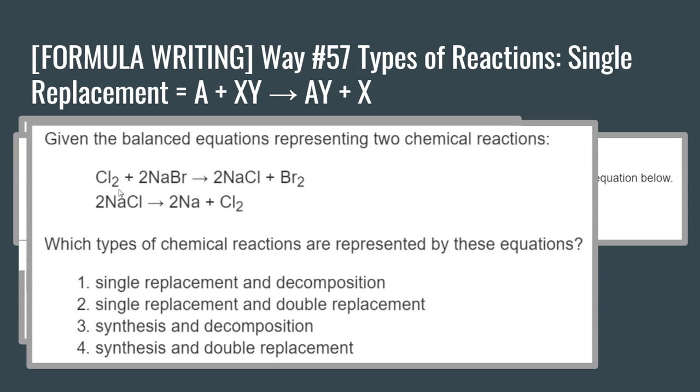You should note that the first example consists of a single replacement because chlorine is taking bromine's place and bromine is coming out of the reactant. And in choice 2, we have a reactant dividing into its constituent parts, which you've already learned is a decomposition reaction. Therefore, choice 1 is correct.